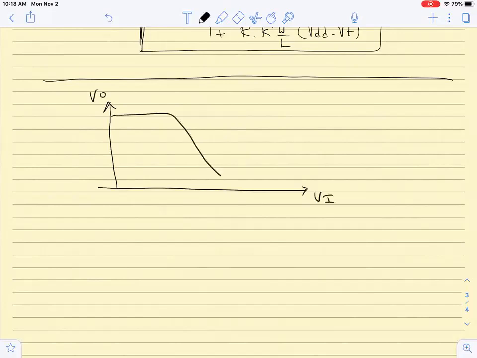The curve has a negative slope. Okay, any input below VTN, the output is VDD. When the input is equal to VDD, the output equals VOC, which we call VOL, the low voltage level. It is not zero, but it is low.